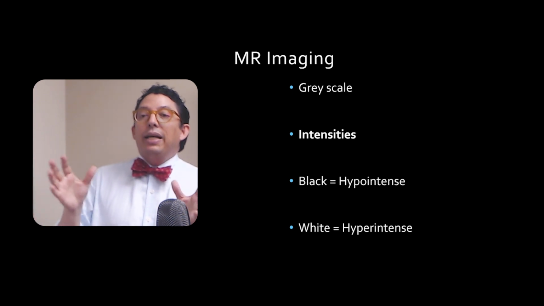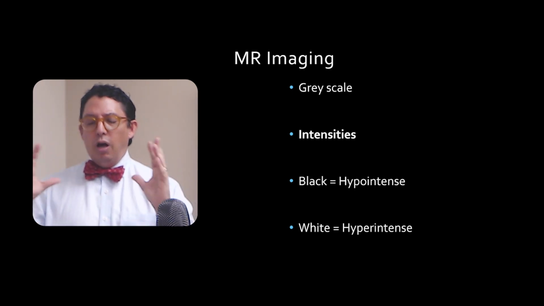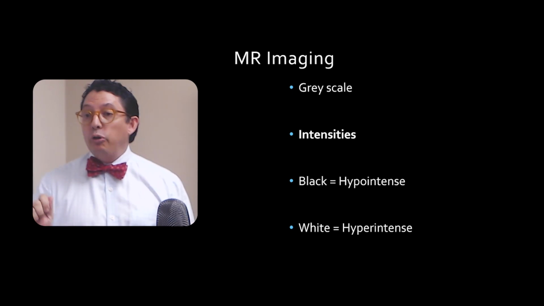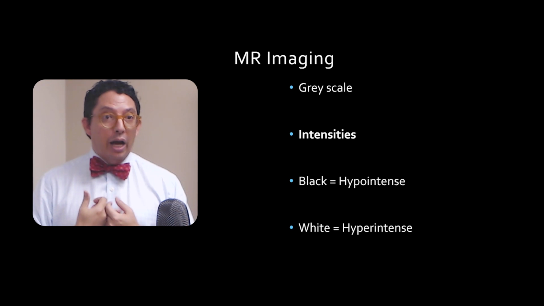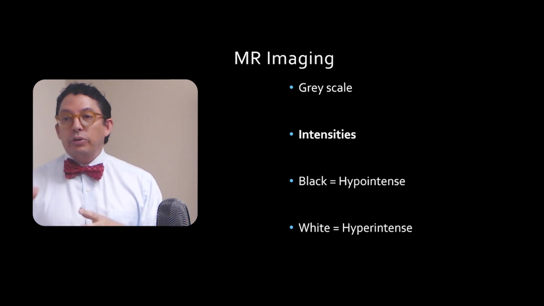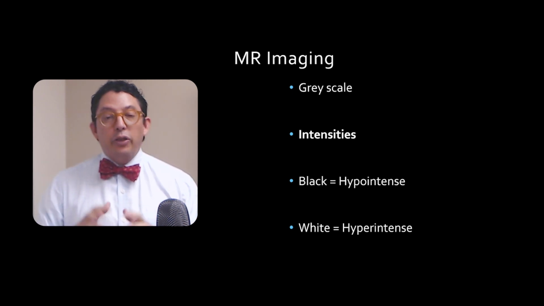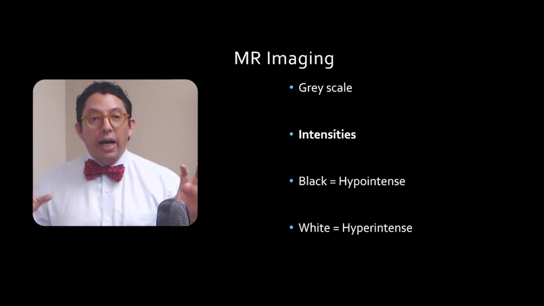So that's why in MRI, different from CT, you don't only have one big blob of information that you can display. In MRI, depending on how you tweak it, you're going to have a different response from the hydrogen atoms. And that's what we call our magnetic resonance sequences. And there are two main sequences that we use, T1 and T2.